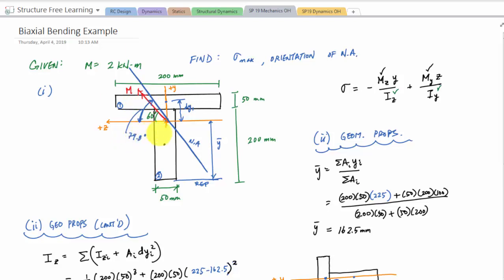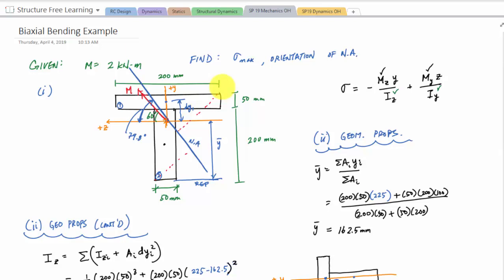And so now I have to look and say, what would be the furthest? I don't know if my drawing is enough to scale, but a rule of thumb that I like to think of is that the furthest perpendicular distance from the neutral axis typically yields the largest stress.